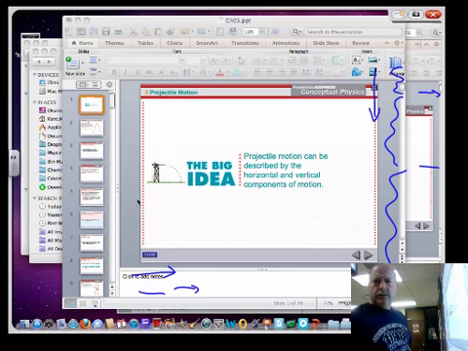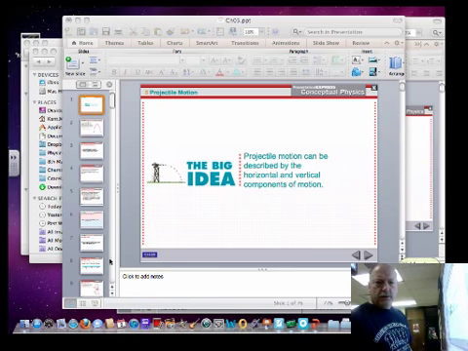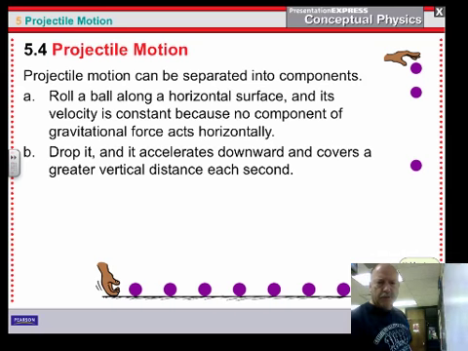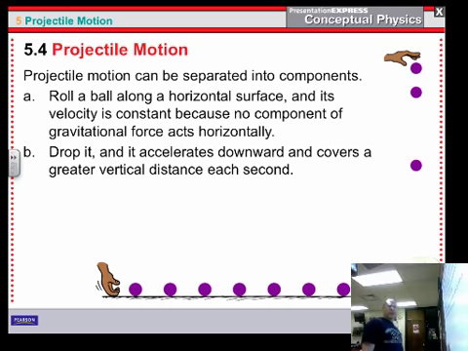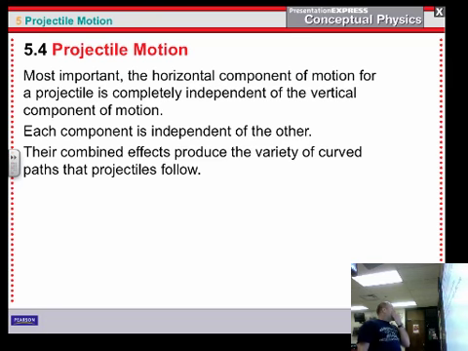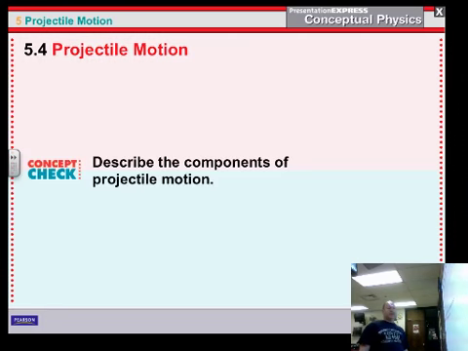If I don't click off my marker when I hit the advance button, it wants to stop the slideshow. Okay, so the most important thing now is that we've got the horizontal component completely independent of the vertical component, and we can break those things down when we do that.